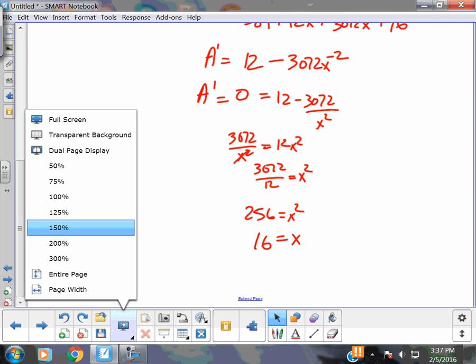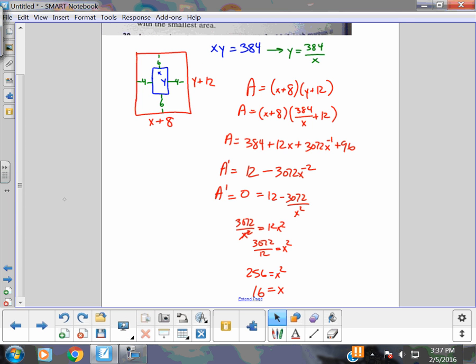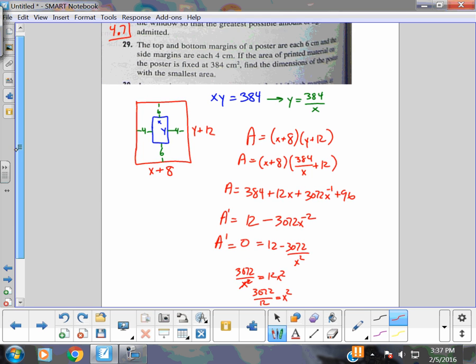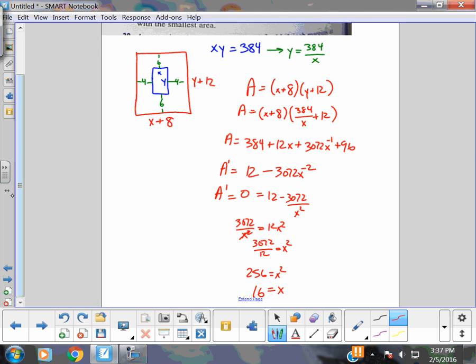And I have just found X. And I would have that be the width of the printed area. The original question at this point says find the dimensions of the poster with the smallest area. Well, if X is 16, I get an outside width, 16 plus 8 is 24. I use the green equation.